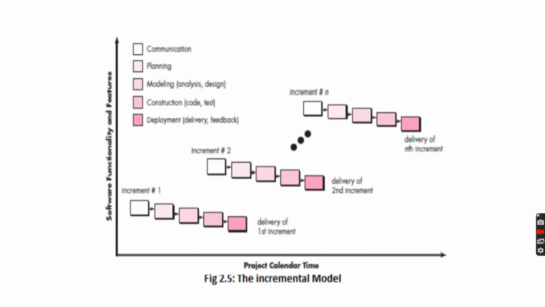This is the basic graph, which has project calendar time on the x-axis and software functionality and features on the y-axis. These are the sequences: increment 1, increment 2, and so on till increment n. The activities kept in mind are communication, planning, modeling, construction, and deployment.